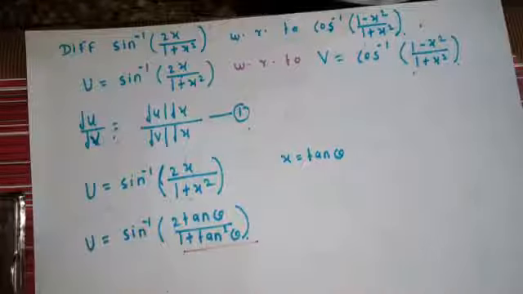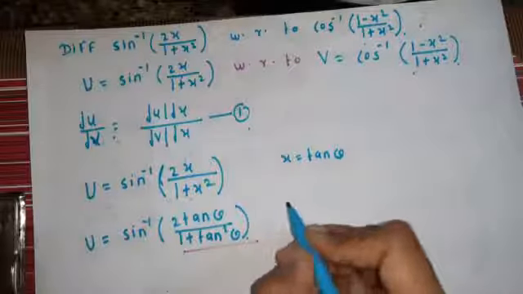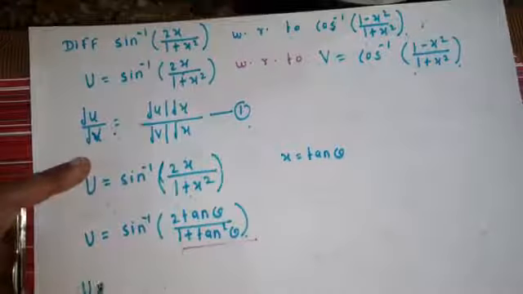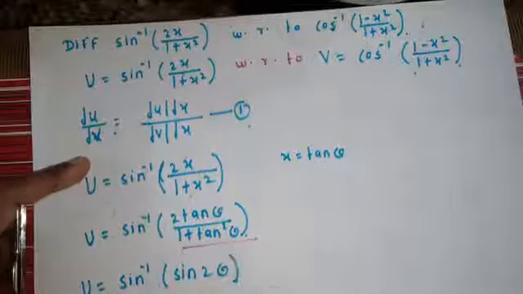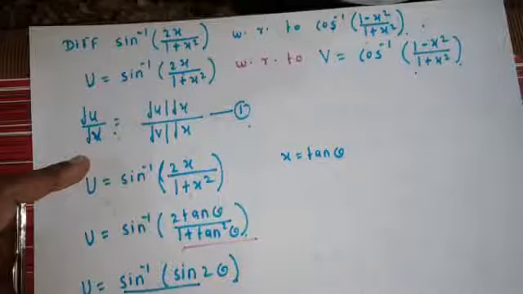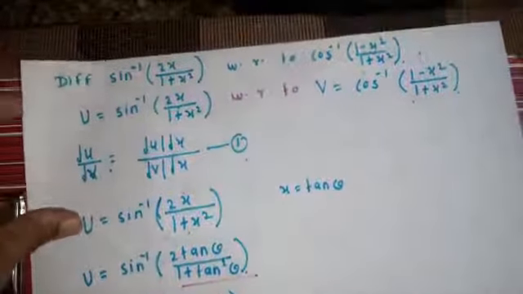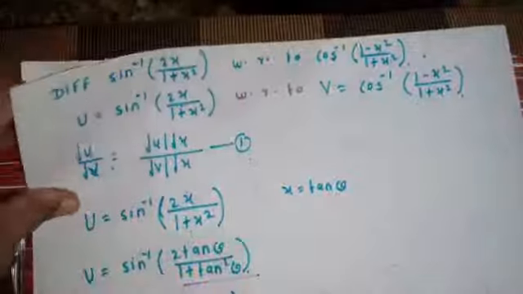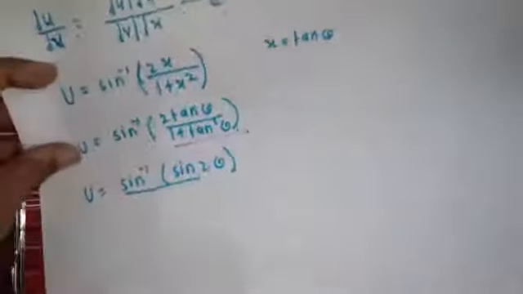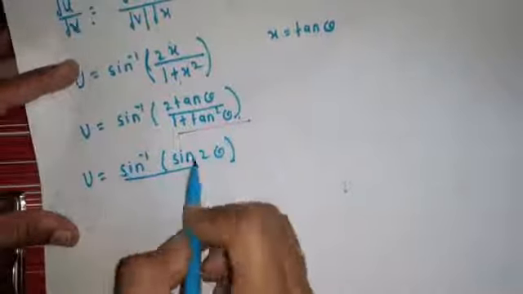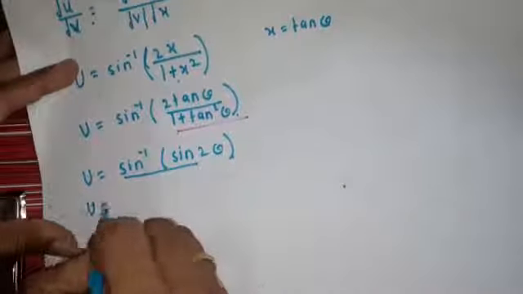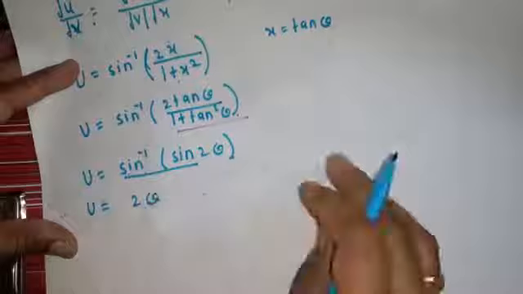Therefore u equal to sine inverse of sine of 2 theta. Okay students? The same problem we have solved in the inverse functions exercise. So sine inverse sine gets cancelled and u equal to 2 theta.